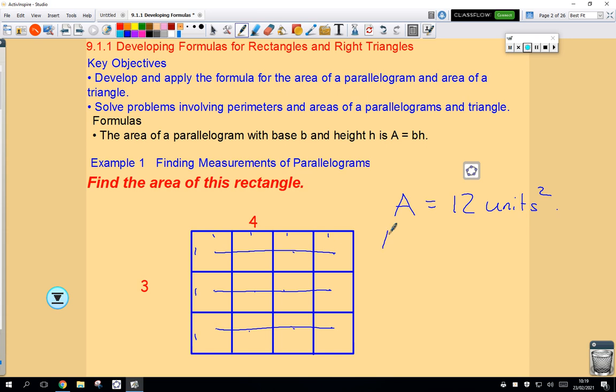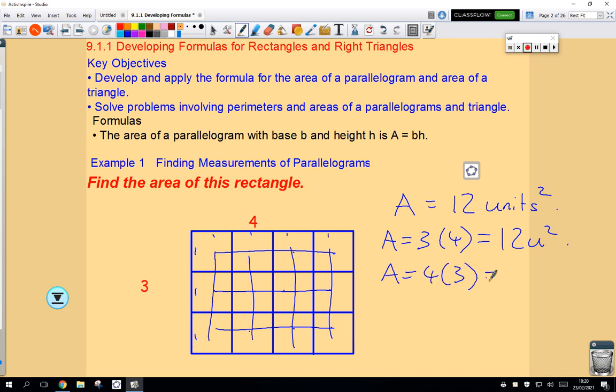So we could have said the area is equal to 3 sets of 4, which gives me the same result, 12 units squared. I could, of course, have counted the number of columns, 1, 2, 3, 4. So I could have said the area is equal to 4 times 3, which gives me the same result, 12 units squared.